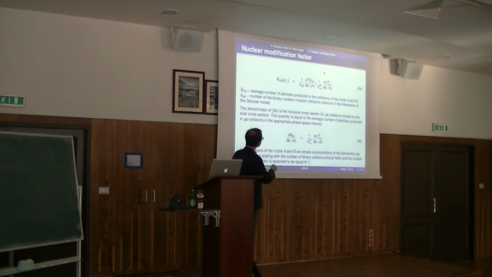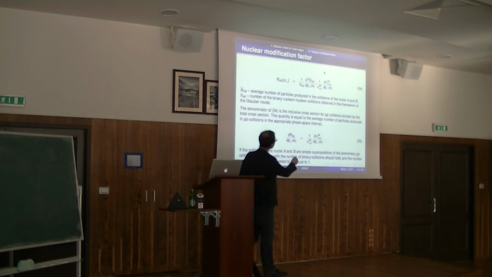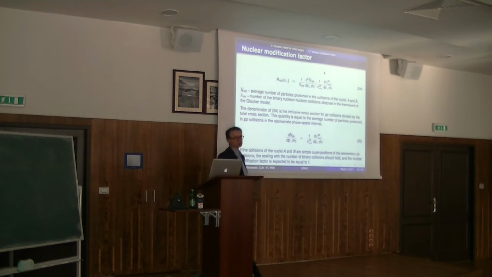So if you have the production of some particles in the collision of two nuclei, A on B, you look at the density in some element of the phase space, divide this by the number of binary collisions, and then divide by the number of particles produced in proton-proton collisions, you should get 1.